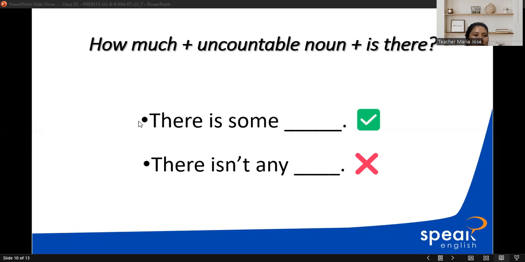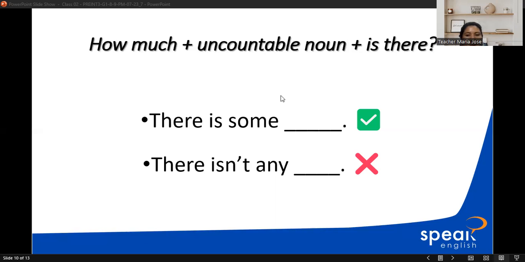Let's continue. Albino, how much Coca-Cola is there? There isn't any Coca-Cola. Excellent. Very good. Let's move along. Maria Jose, how much cheese is there? There is some cheese. Perfect.